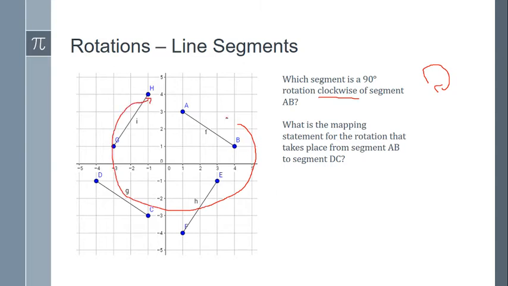Right now it's in quadrant 1, and if I move it clockwise, it's going to end up in quadrant 4, which is down here. So if any of these are a rotation of that segment, it would have to be segment AE, excuse me, segment FE, and this is how we write it in geometry with a little line above it.